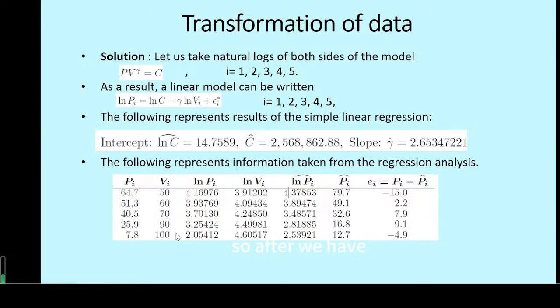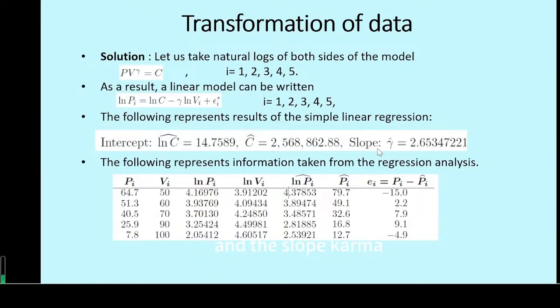After we have transformed all the values for all the observations, this equation can be estimated, and we get the coefficients. The intercept in the linear regression is log C, so for the constant C we take the exponential of it.